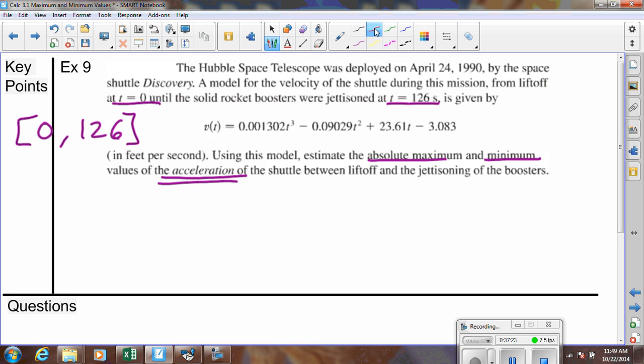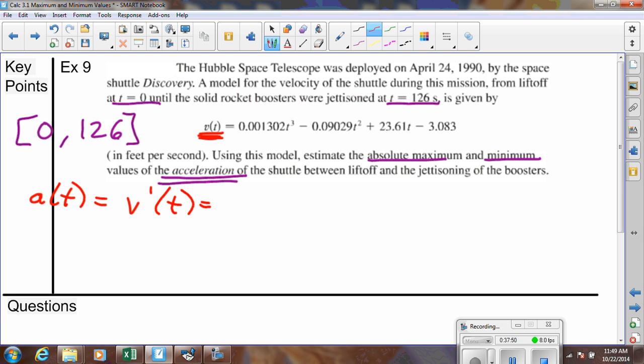Hang on. This is the velocity function already, so this would be the derivative of the position function. Therefore, the acceleration function, acceleration is the first derivative of velocity. So let's just calculate that derivative quick.